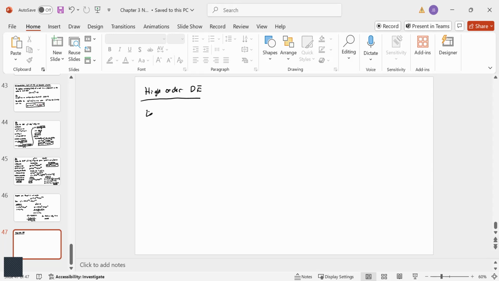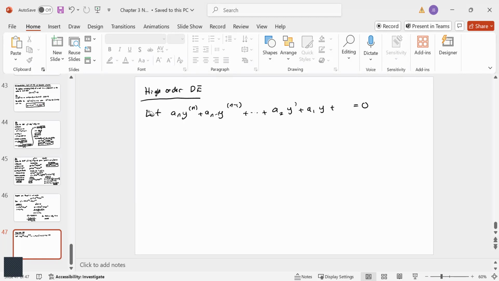So let a1 y to the nth derivative plus a2 y to the n minus 1 derivative plus dot dot dot plus, and then you just keep going. What would it be? Actually, let's do it this way: a n minus 1, and then a2 y prime plus a1 y equals 0.